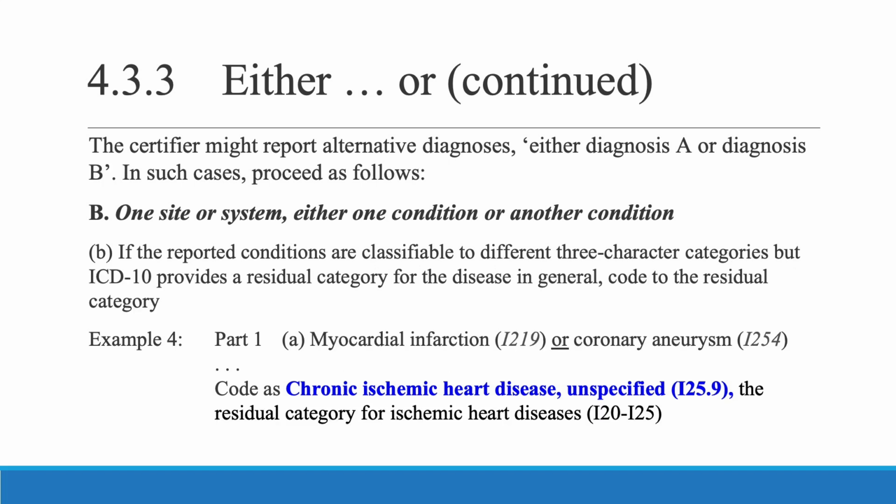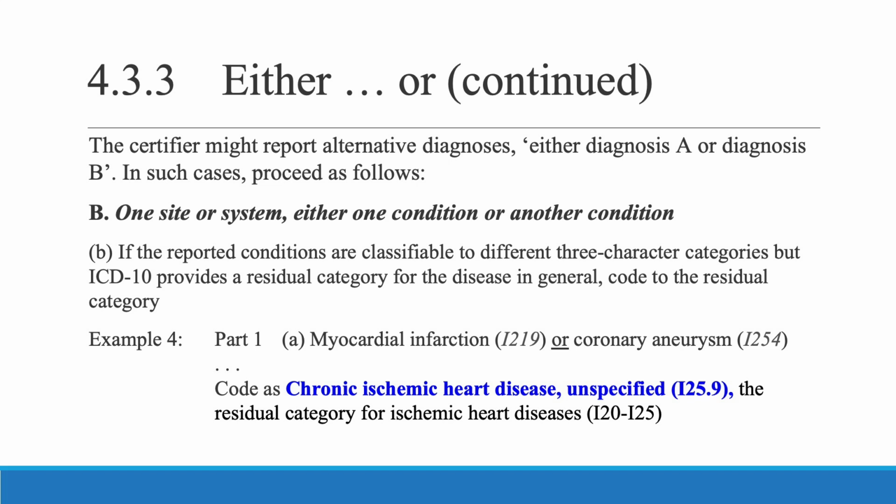Another scenario for 4.3.3, letter B, one site or system, either one condition or another condition, lowercase b. If the reported conditions are classifiable to different 3-character categories, but ICD-10 provides a residual category for the disease in general, code to the residual category.